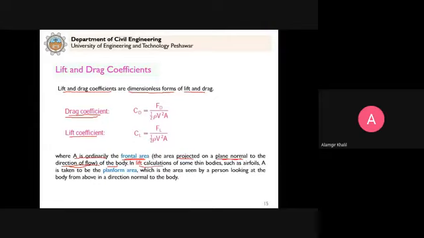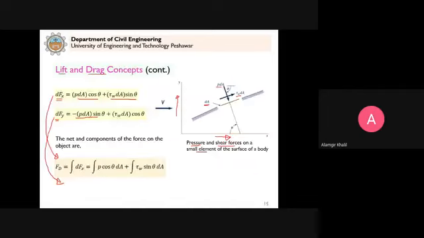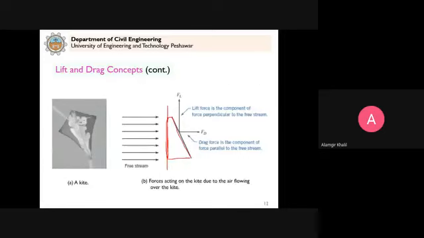In lift calculations of some thin bodies such as airfoils, A is taken to be the planform area, which is the area seen by a person looking at the body from above in direction normal to the body. Clear? So the planform area means that if I go back to that figure, you can see here the planform area. You look from above, so how will this area appear?